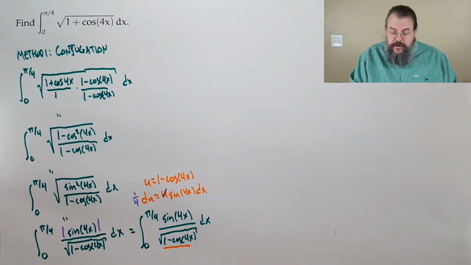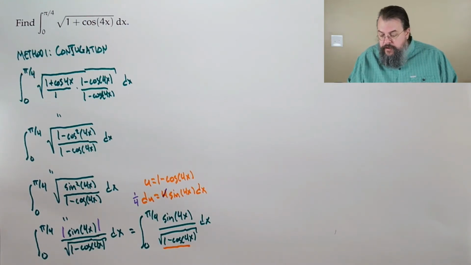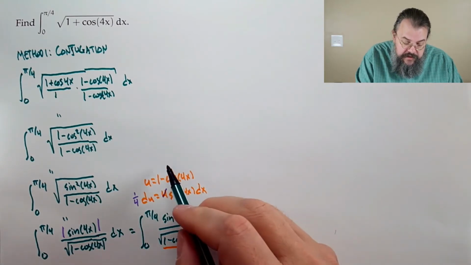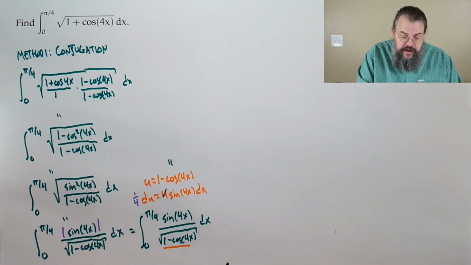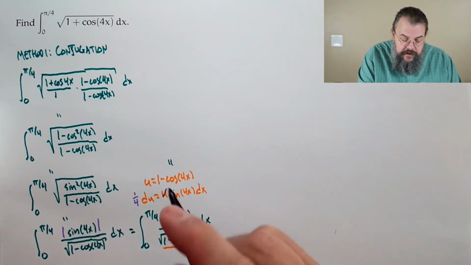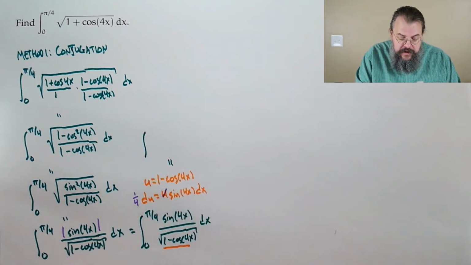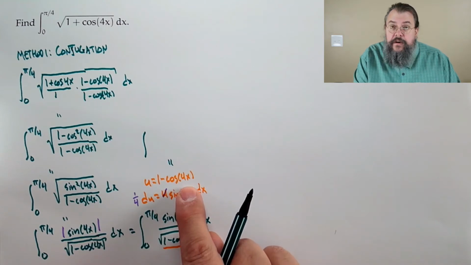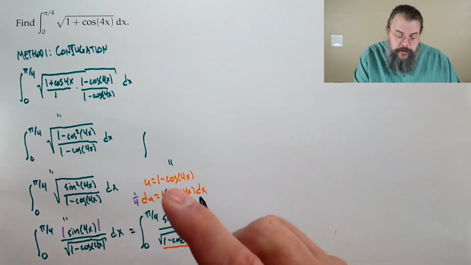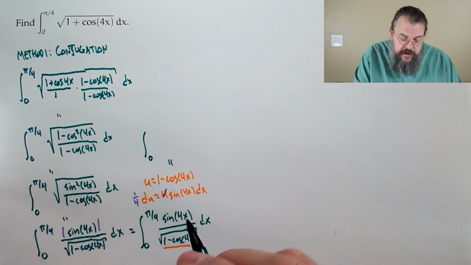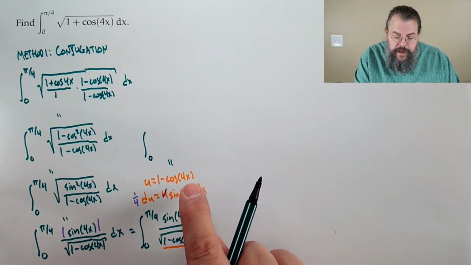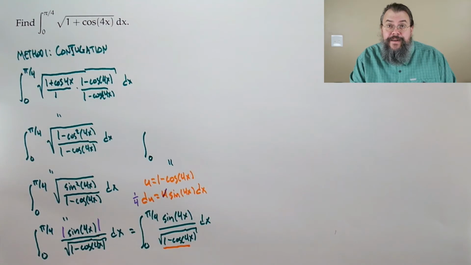And so what do we have? Well, we have the following. After we make that substitution, we're going to integrate, and let's go ahead and do the bounds. When we plug in 0, 1 minus cosine of 0. Cosine of 0 is 1. 1 minus 1 is 0. Plug in pi over 4. 1 minus cosine pi. Cosine of pi is minus 1.